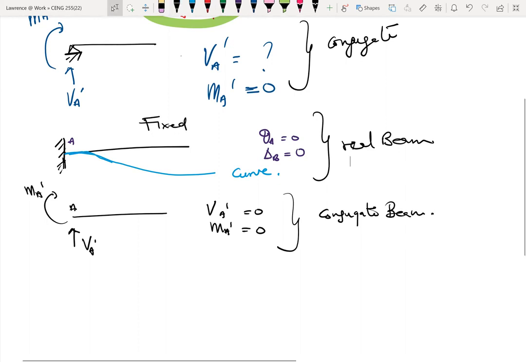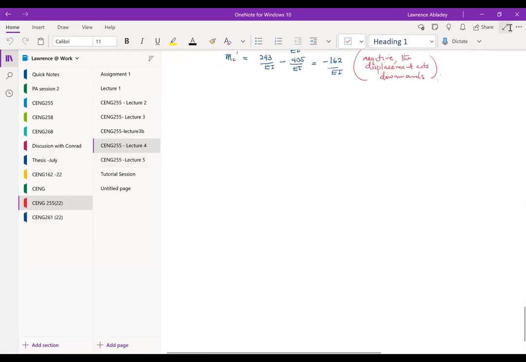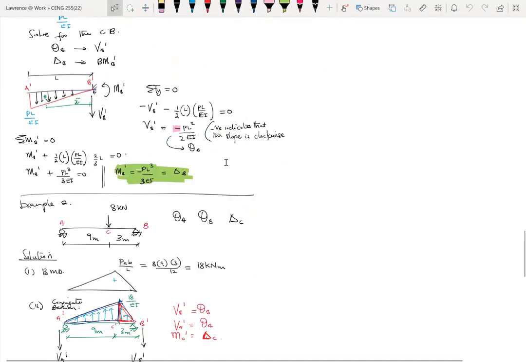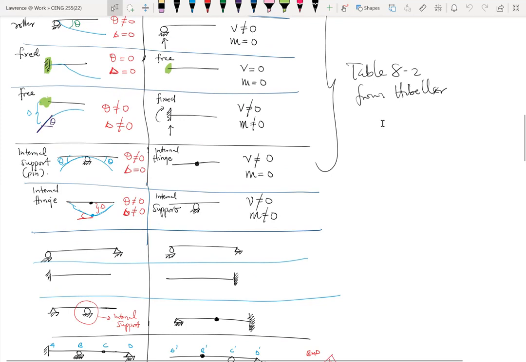So that's one thing to take note of when dealing with such support conditions. If you go back to the previous lecture, we went through all of these processes, and I explained that I think this can be found in table 8.2 in the structural analysis book by R.C. Hibbeler.